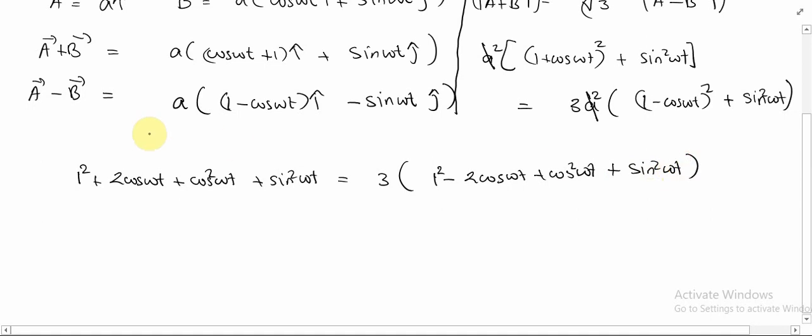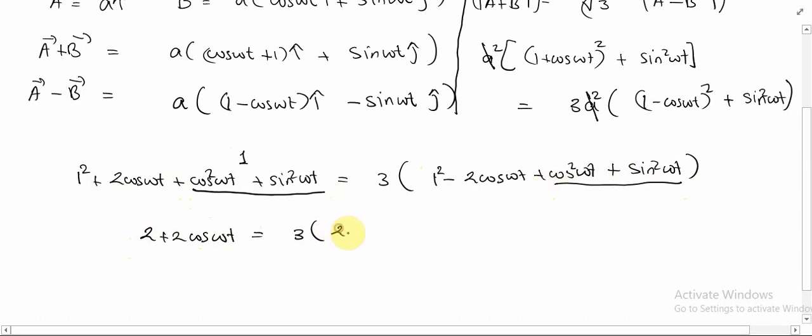Okay, we know that cos square theta plus sin square theta is 1, so this full term is 1 and this full term is equal to 1, so 1 plus 1 will be 2, so this will be 2 plus 2 cos omega t is equal to 3 into, so 1 plus 1 will be 2, so this will be 2 minus 2 cos omega t.